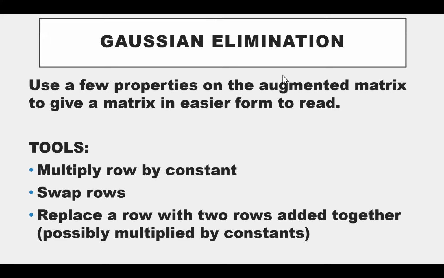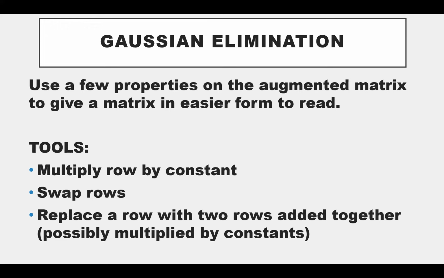Now, once we have our augmented matrix, the goal is going to be to use Gaussian elimination. And all that means is we're going to do a process where we convert that augmented matrix into systems of linear equations with the same output, the same answers.